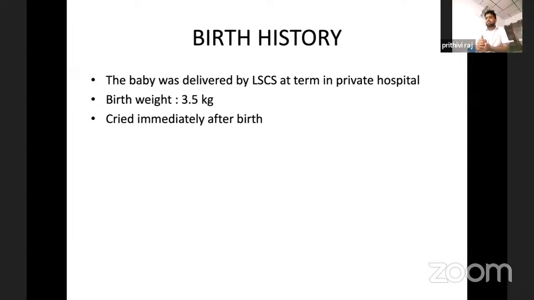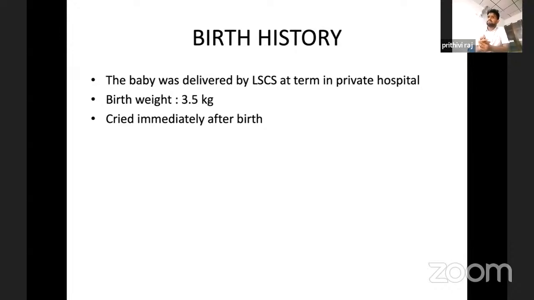What is the other issue in the birth history which is very relevant if you are thinking about congenital nephrotic syndrome, which gives an important clue? Preterm baby, yes, good. Preterm is one thing.